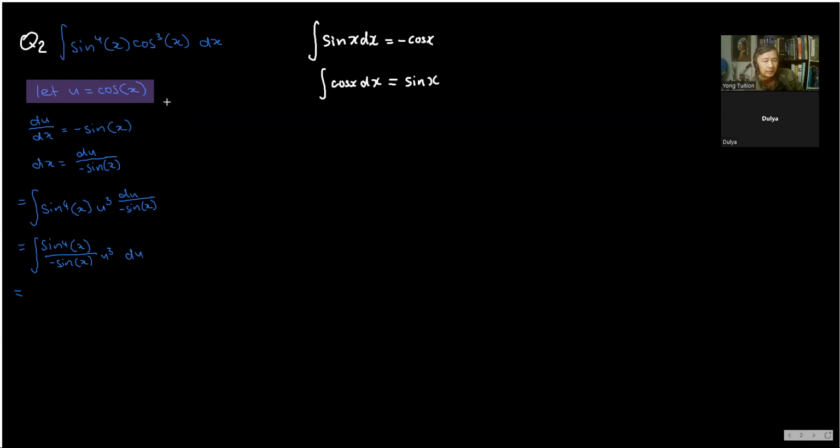So we still got a sine x, right? Sine cubed. So I can try again, another trial, sine x.